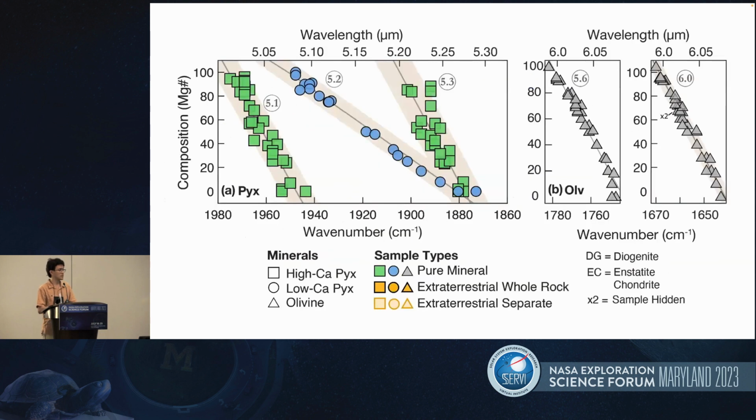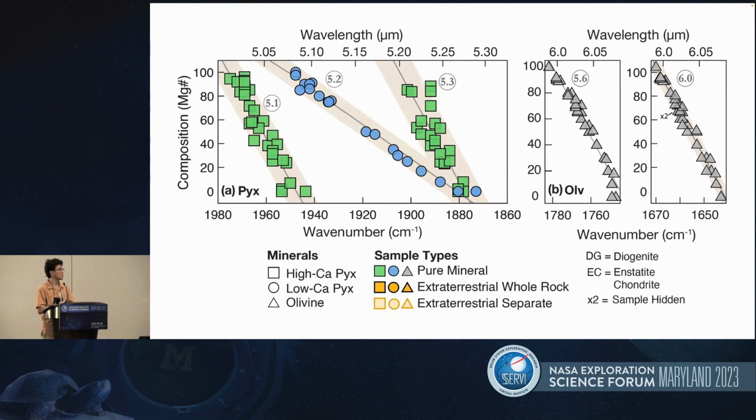So let's return to a plot that we looked at a few slides ago, where we look at the relationships between the Mg number and the position of the band minima. These green, blue, and gray dots indicate pure samples, synthetics or natural terrestrial mineral separates.